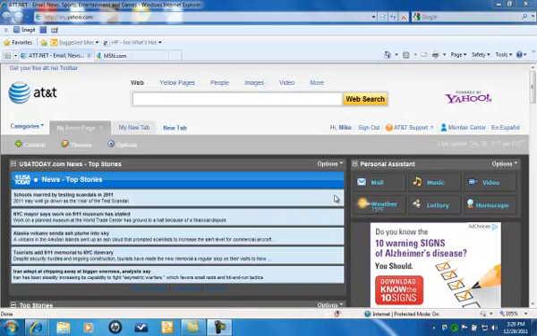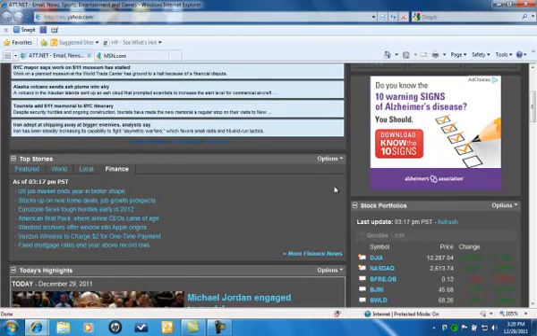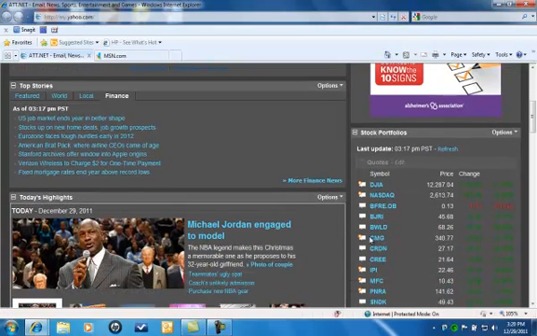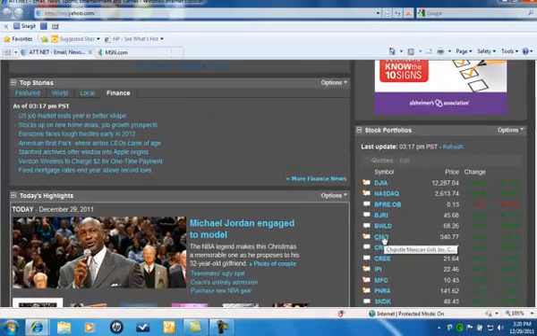There are two types of metrics when you're doing an analysis on stocks. We'll take a look at Chipotle's. This is a high-flying stock, and I'll show you the difference.